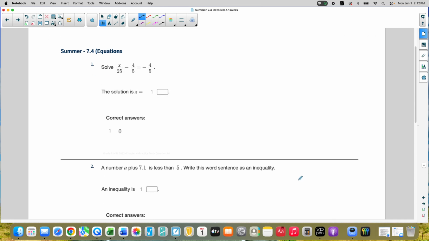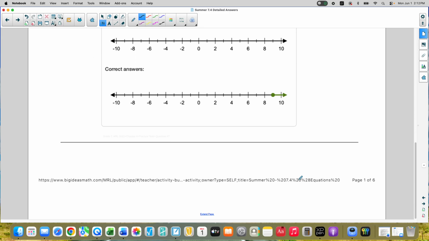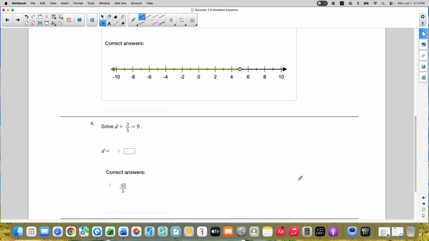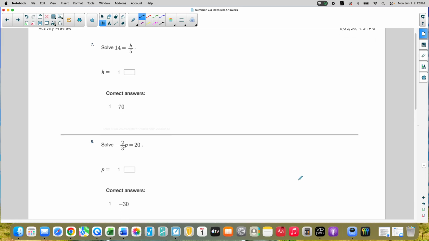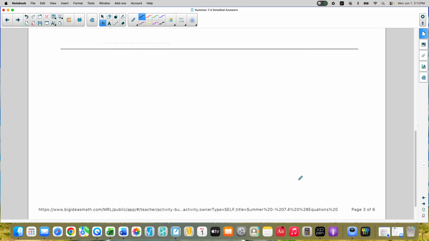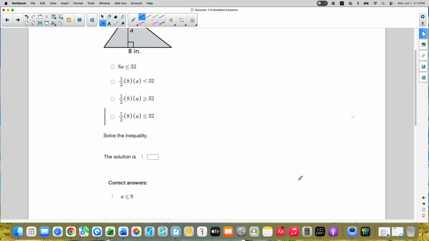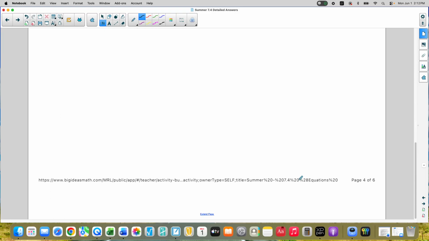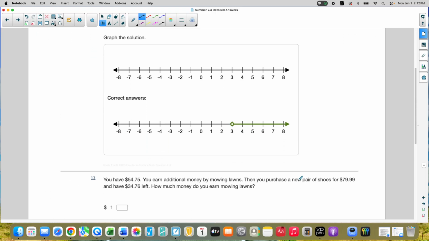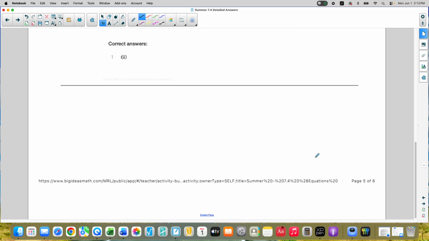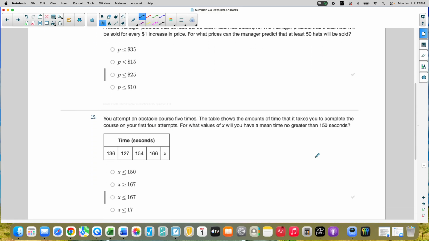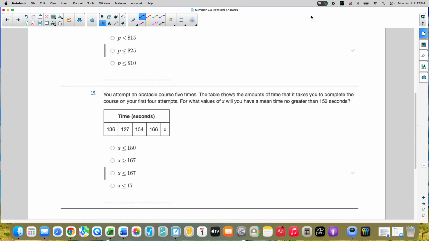Always check your work. Try to find mistakes. That's our goal, is trying to find when we make the mistakes so that we can catch them, correct them and improve our score. So every mistake that you catch and you fix is an improvement in your overall score. That's the benefit. That's the beauty of it all. All right. Good luck.